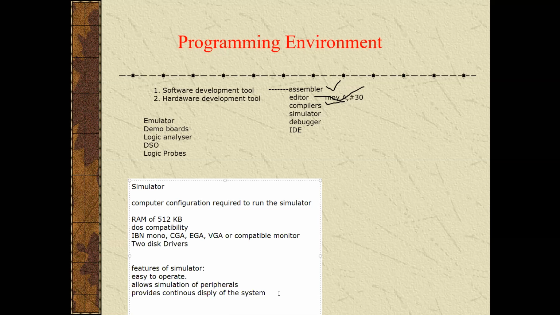And using this simulator, the program can be easily modified.